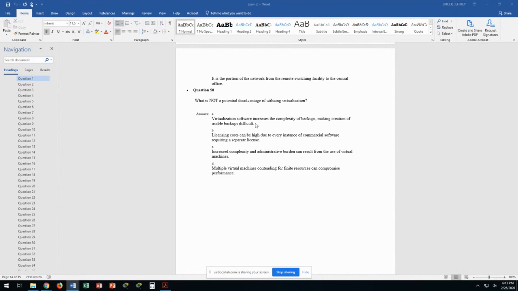A, virtualization software increases the complexity of backups, making creation of usable backups difficult. That is not something that is not a disadvantage. My brain is exploding with this question. Who thought this up?